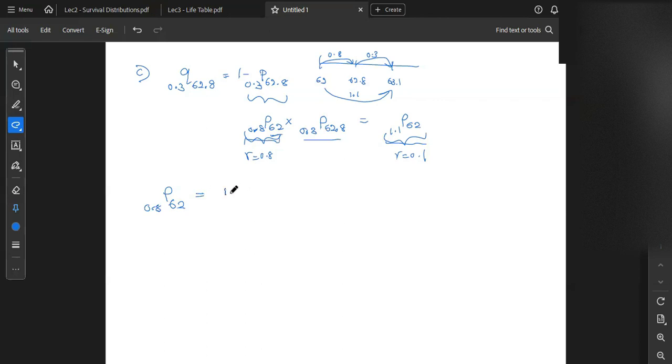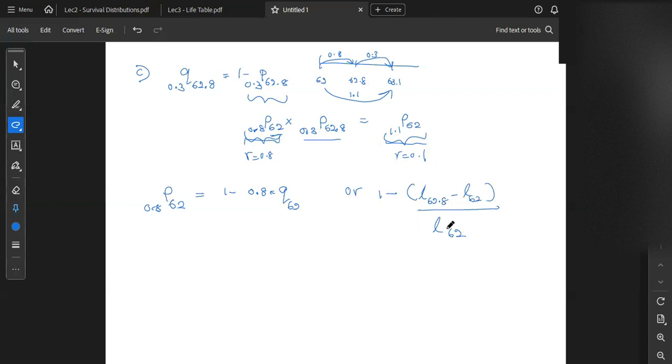P62.8 is 1 minus 0.8 times Q62, or we need the number of deaths in between L62.8 and L62, divided by L62.